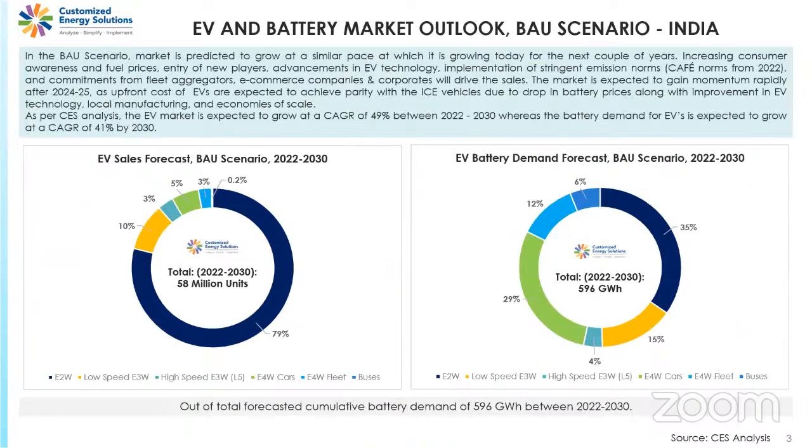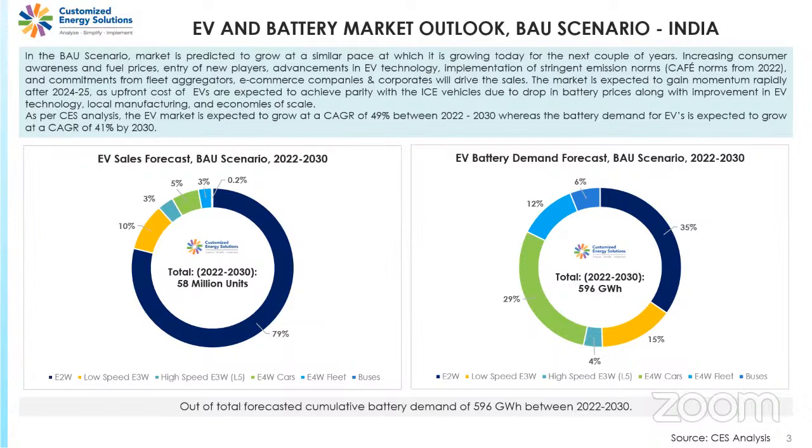So now let's talk about the focus of these EV sales and also the EV battery demand. From 2022 to 2030, we are estimating around 53 million vehicles would be sold and added on road, out of which the two-wheeler market would be leading and dominant with 79% of the market share.